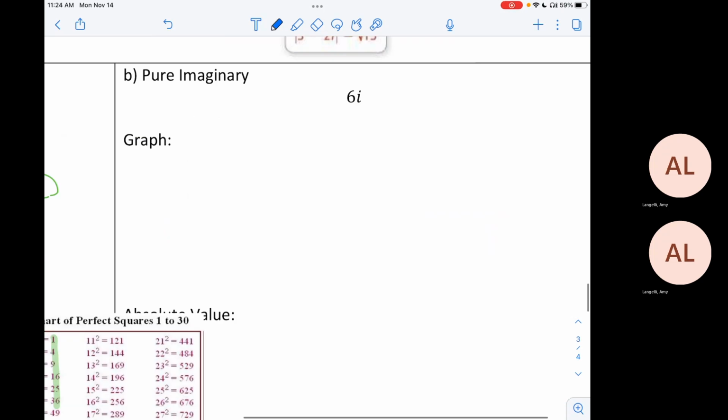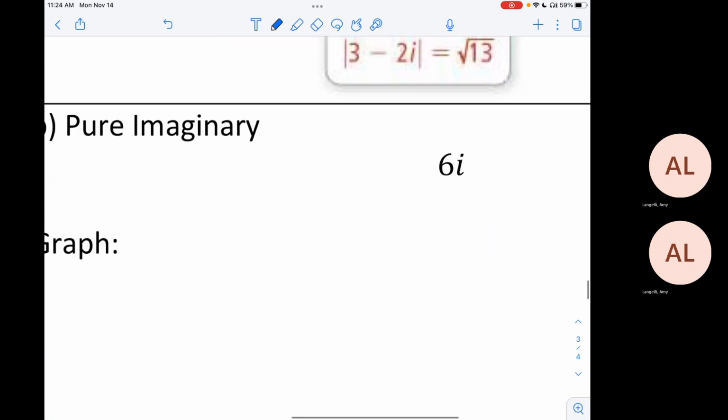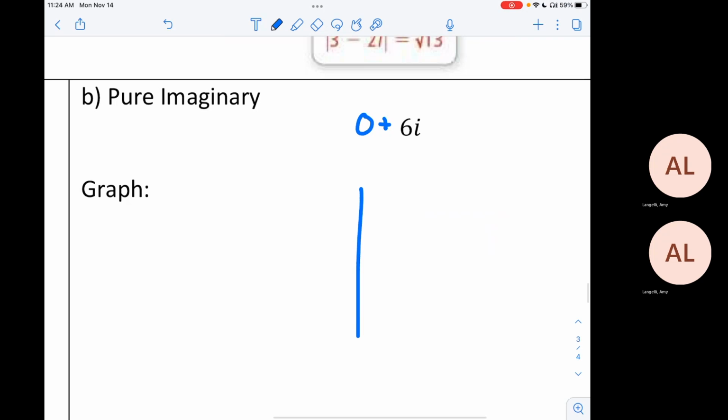All right, let's see if you guys can repeat that. This is called a pure imaginary. Can anybody guess why this is called a pure imaginary number? That's right. You don't have any real numbers. If I was like, no, you have to have a real number, just make it 0, okay? What do you guys think the graph of this would look like? Remember, this is your real axis. This is your imaginary axis.